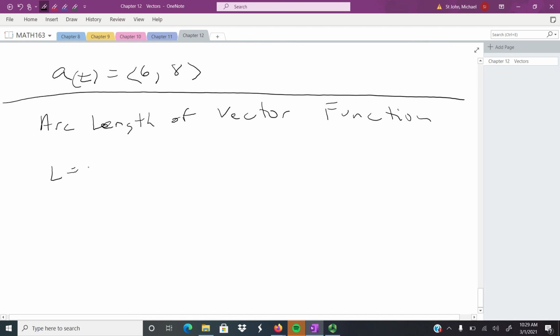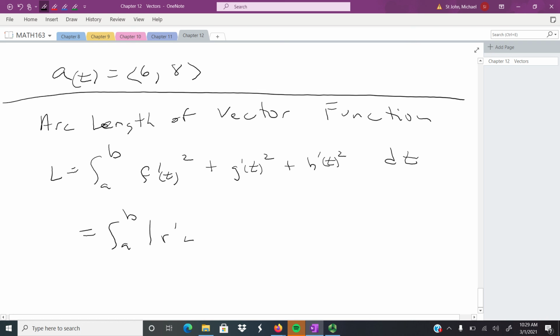So L equals the integral from a to b of the square root of f prime t squared plus g prime t squared plus h prime t squared dt, which equals the integral from a to b of the magnitude of r prime t dt. All right.